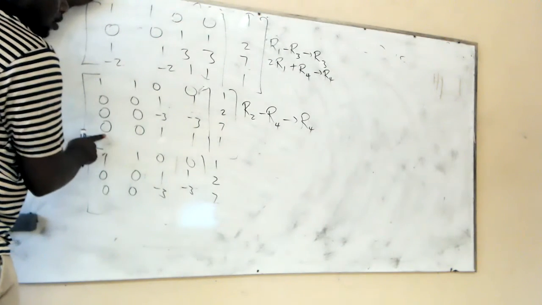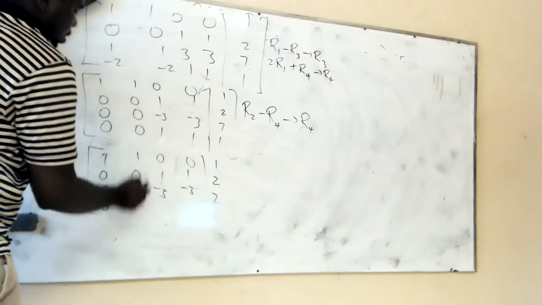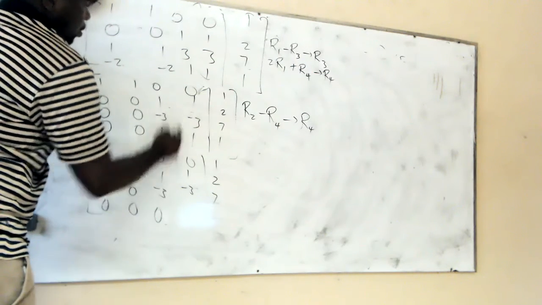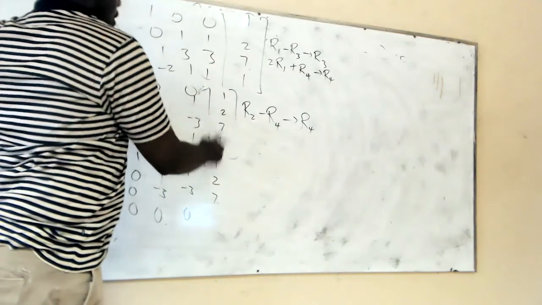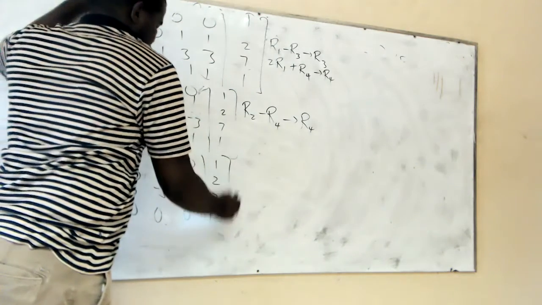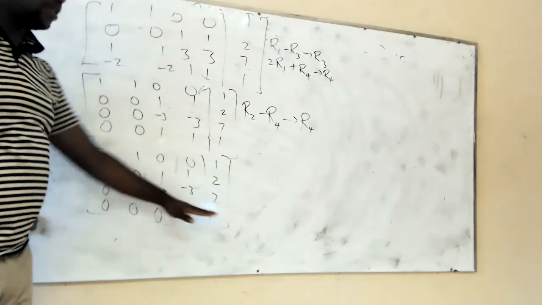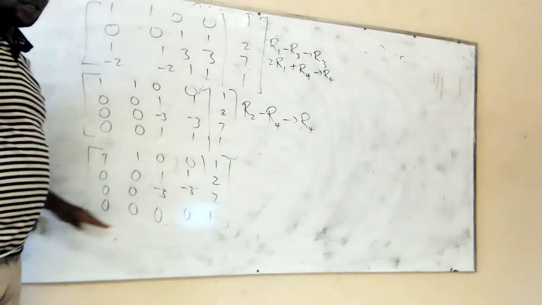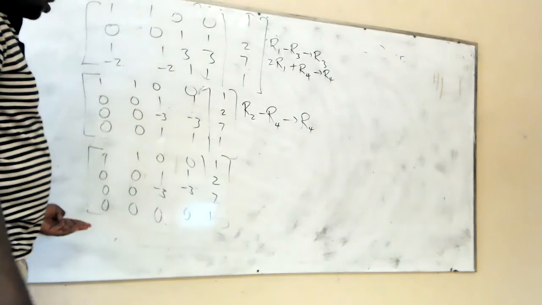Let's subtract. This minus that is 0, this minus that is 0, this minus that is 0, this minus that 0. Then this with that is going to give you 1. See, this row is eliminated. The row at the bottom is now zeros.